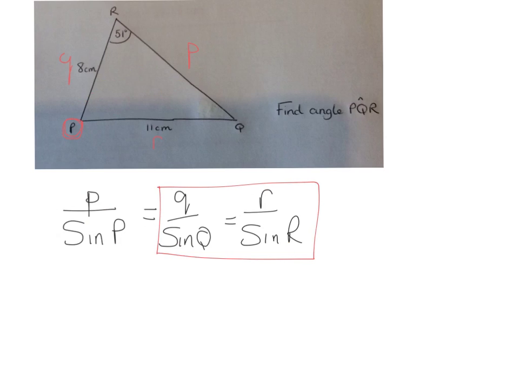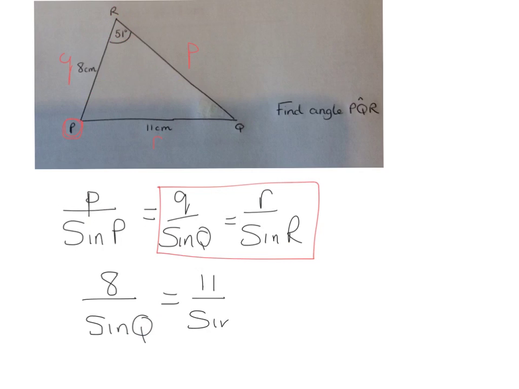If you look carefully, you'll see we can just replace our q with 8, so 8 over sine Q, where obviously you can see Q is the angle you're finding, so that's the unknown, and that is equal to r, which is 11, over sine R. If you look carefully, there's our r, and sine R is sine of 51.